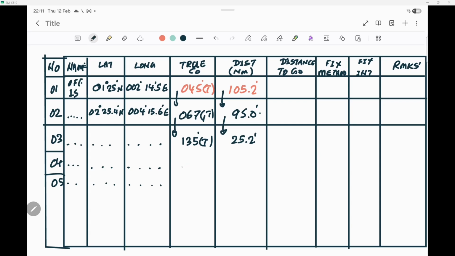And this is, let's say, 067 degrees true from waypoint 4 to waypoint 5. And your last distance is 12.2 nautical miles. Now you can see the fifth one is going to be blank. Why? Because in waypoint 4 to 5, you have already found out the course, and you have already found out the distance.